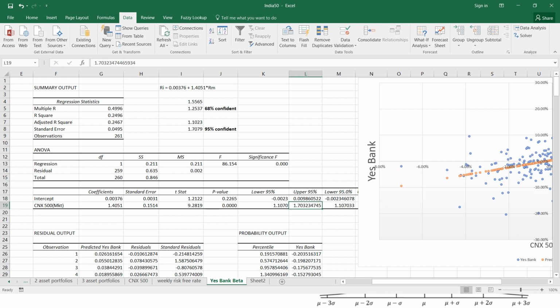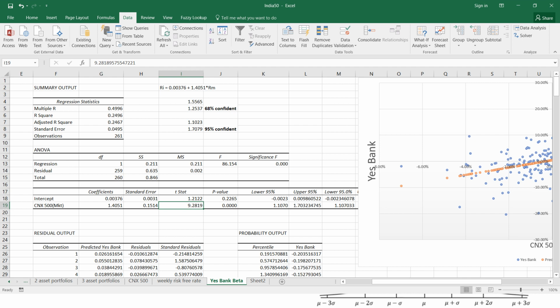We are 95% confident. This beta is also significant, which means that market returns are a significant predictor of Yes Bank's return. This is what it says. By beta being significant, this is what we say: market returns are a significant predictor for Yes Bank's returns.